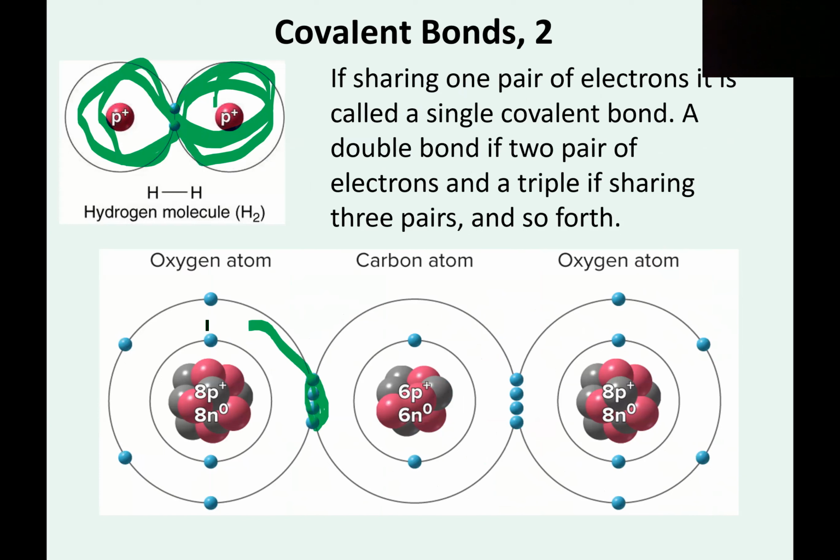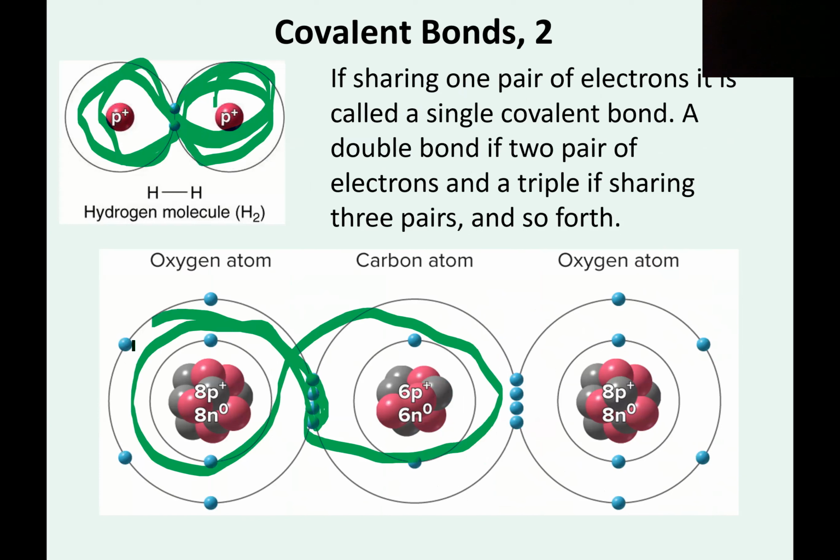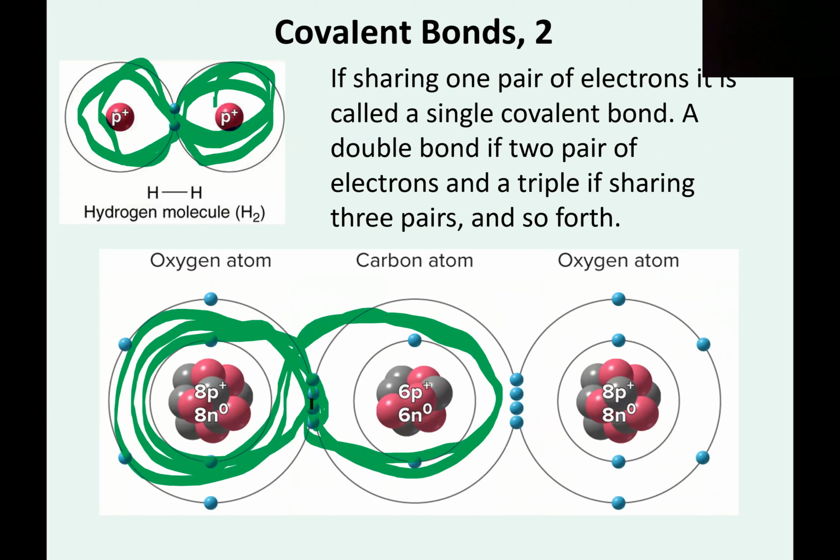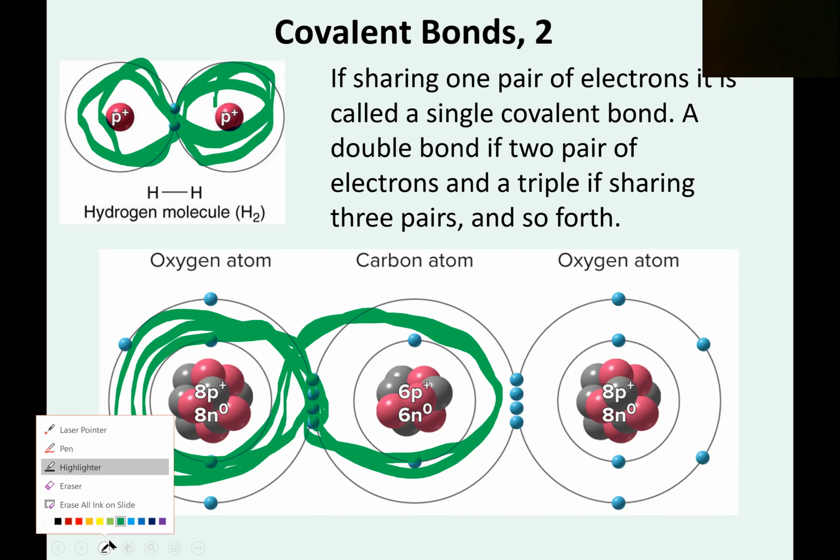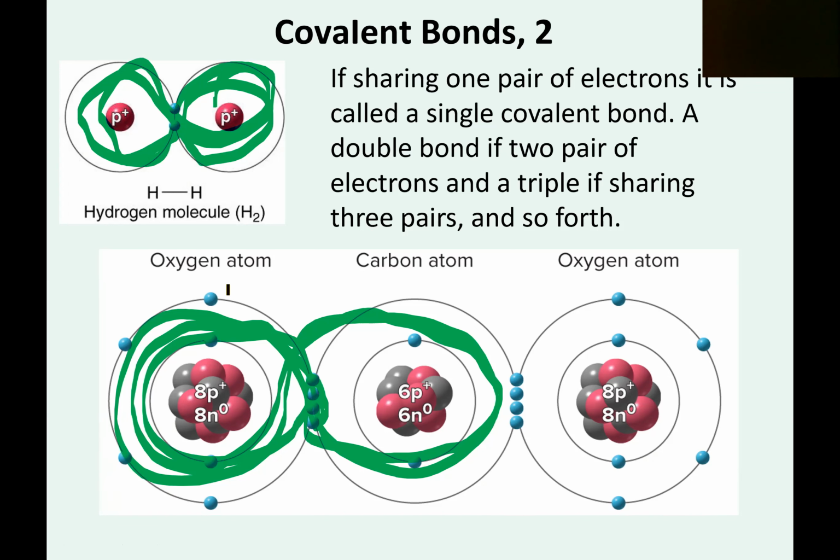These four are going to go around these two nuclei. Now, the other four that we see here, here, here, and here are only going to stay around the oxygen nucleus.